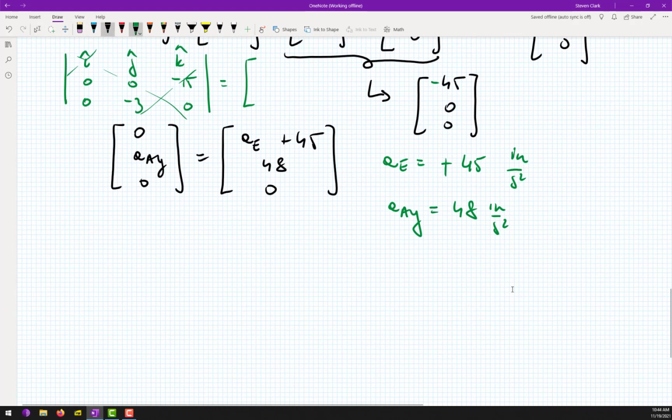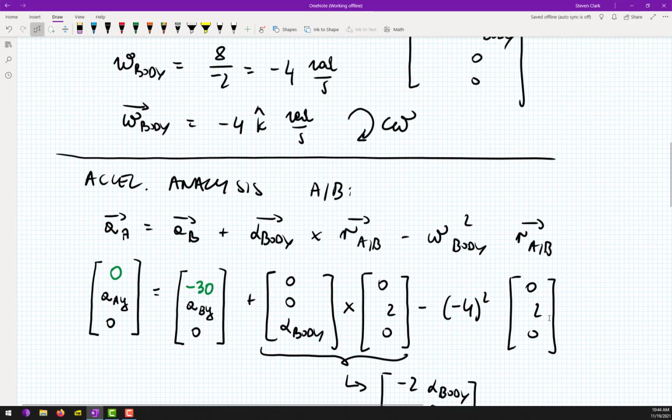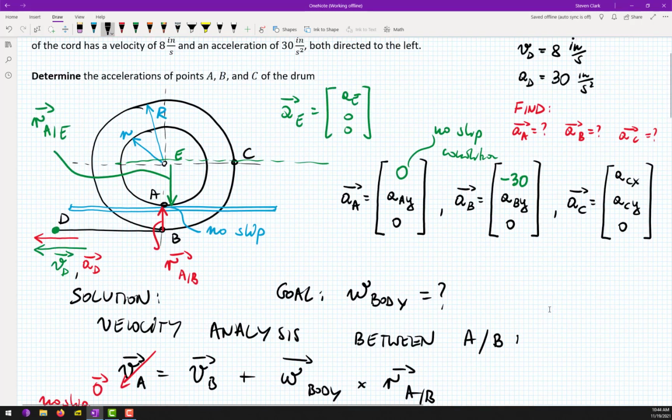Okay, so we found our a_A. So we can plug this value up the board, so this will be 48 in here. Great.